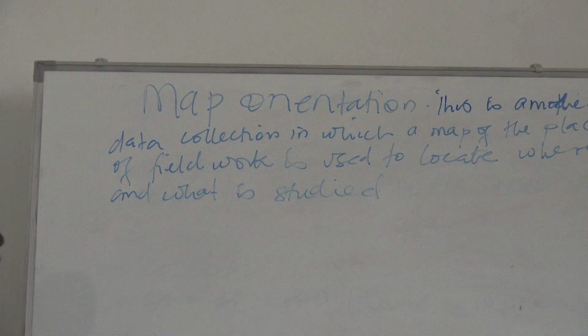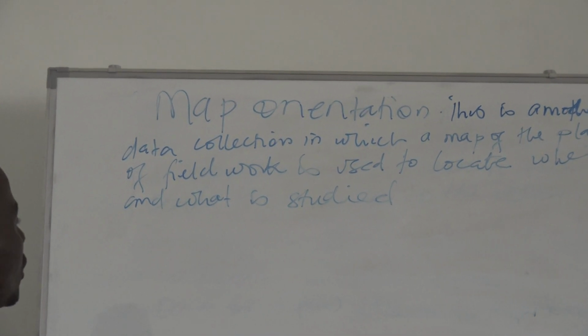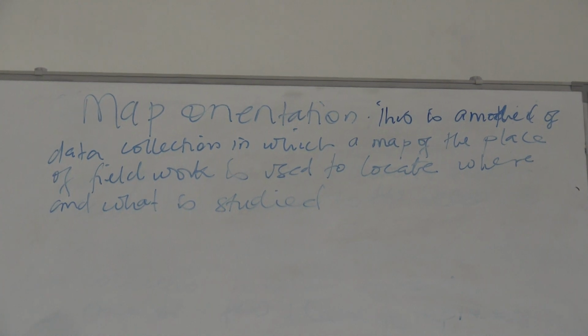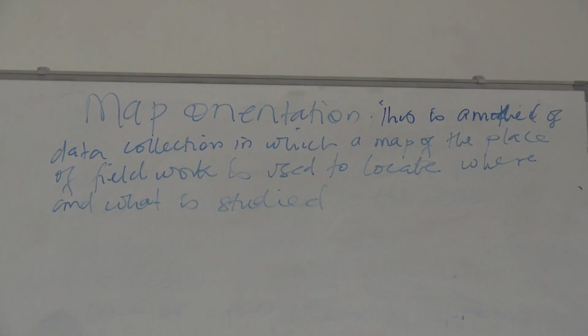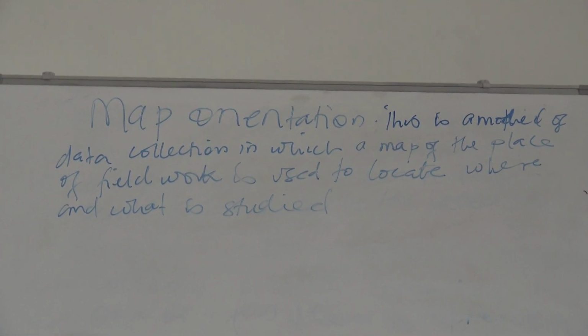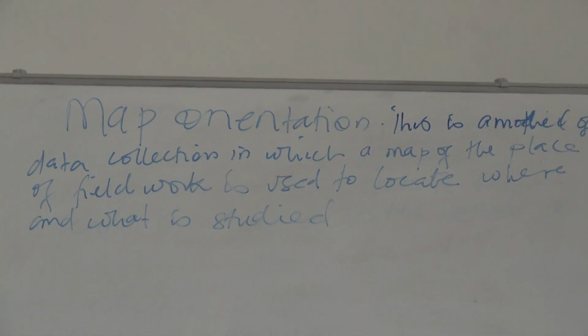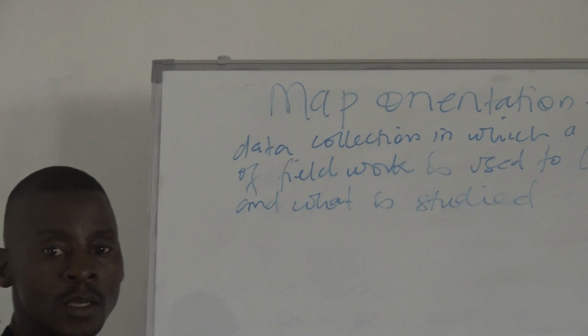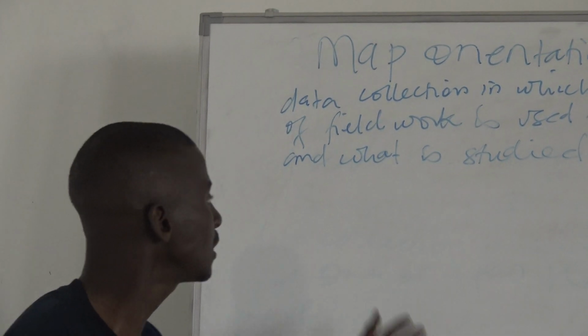In this case, it is a method of data collection in which a map of a place already drawn is used to locate where and what is studied. So that is map orientation. There are very many other things you can ask.